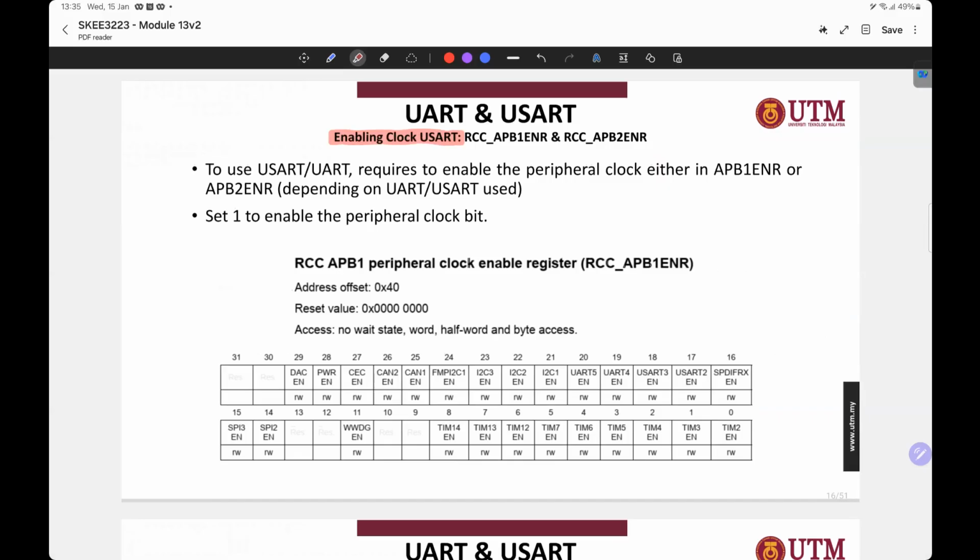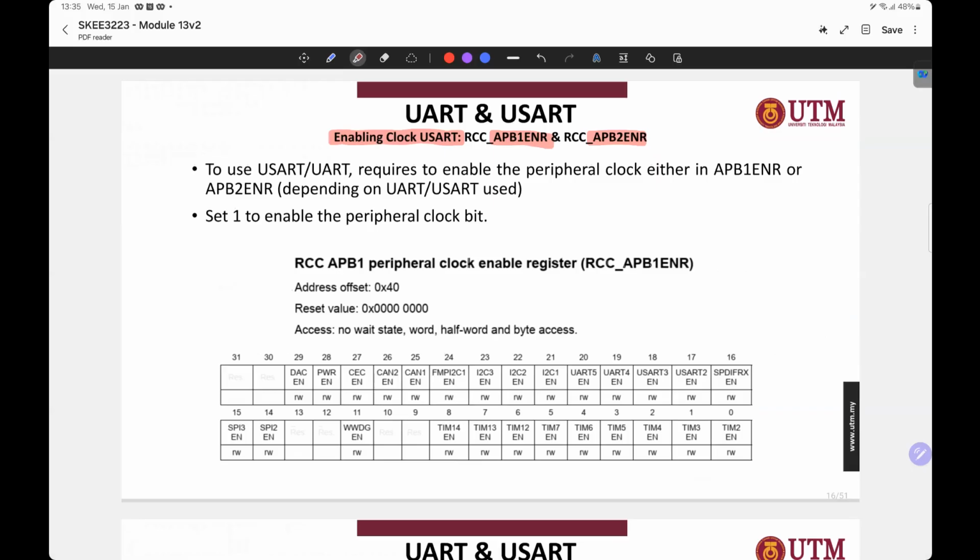Where are you going to enable the USART clock? There are two locations: one at the APB1 ENR register, and the second one at the APB2 ENR register. It depends on which UART and USART you're going to use.